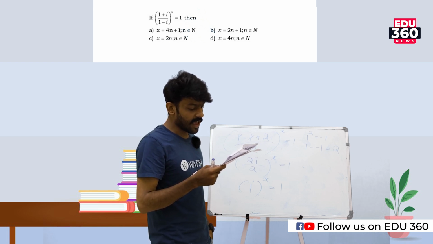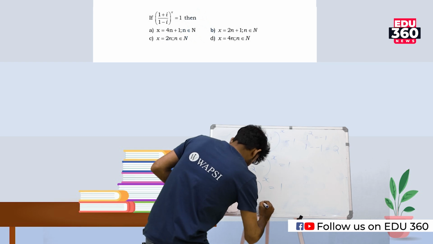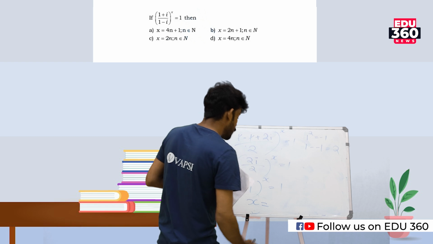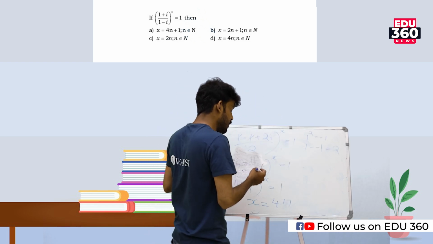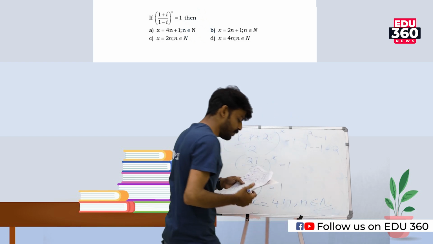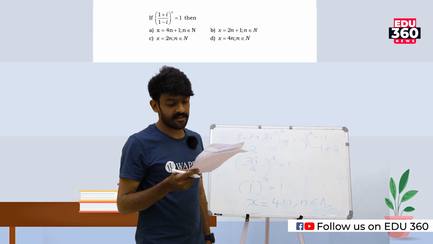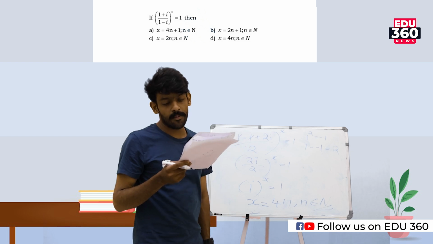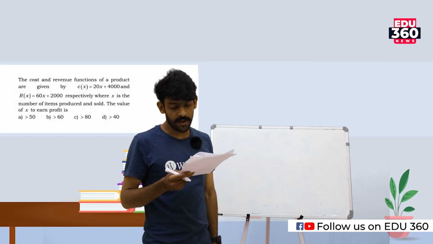So we can write the value of x as x is equal to 4n, where n belongs to the natural numbers N. So for this question, option D is the correct answer, that is x is equal to 4n, n belongs to N. So we can move on to the next question.